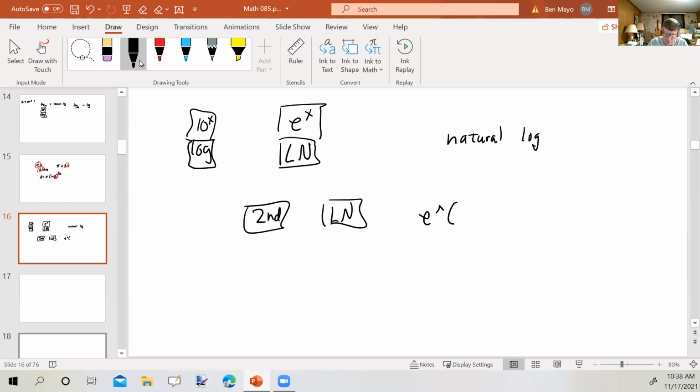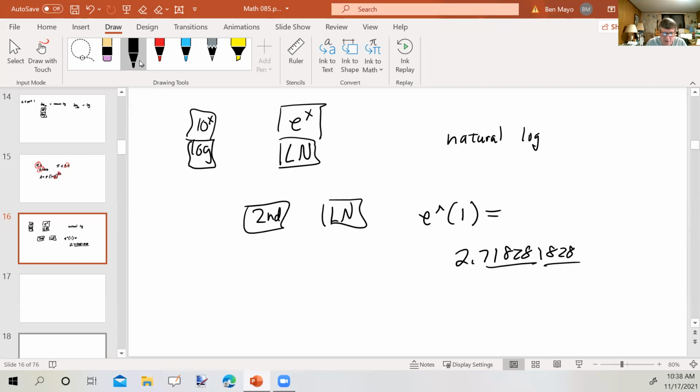I want just plain old e, so I'm going to put 1 in there and close it up. When I do that, I get 2.718281828.